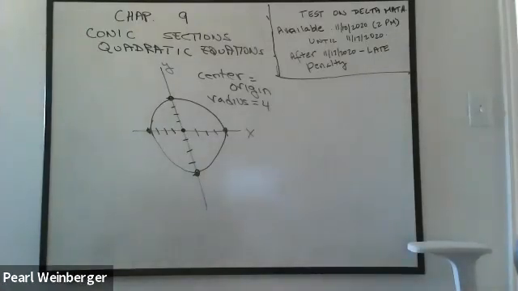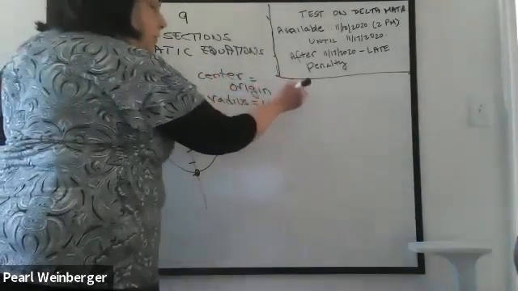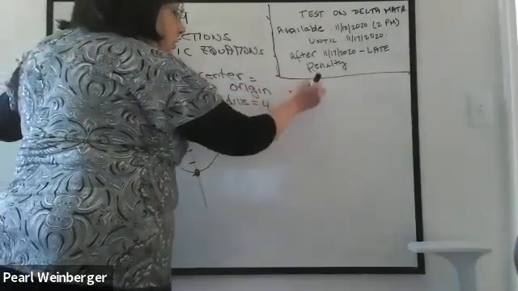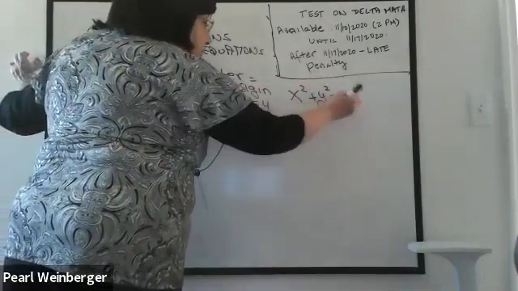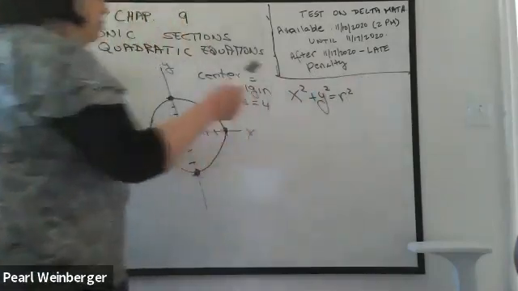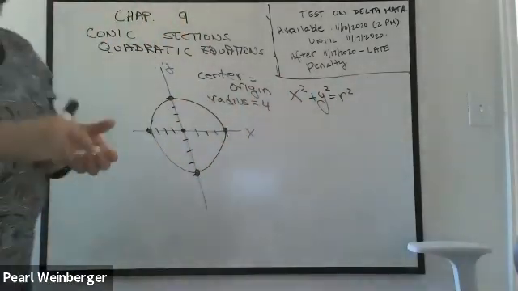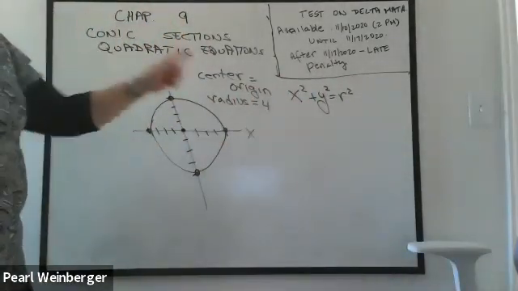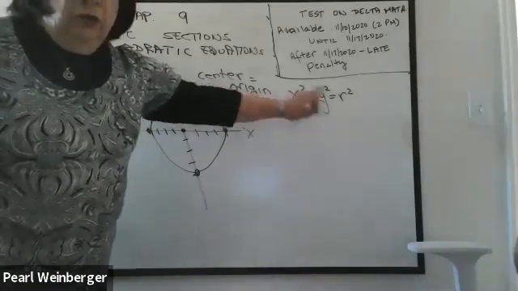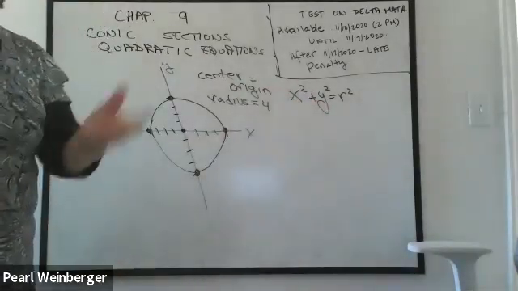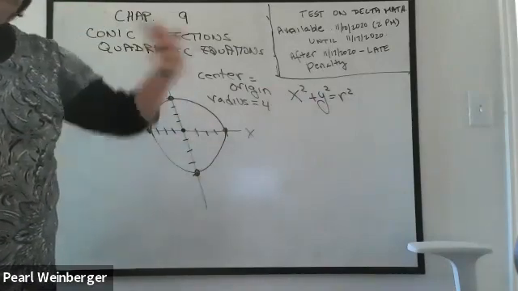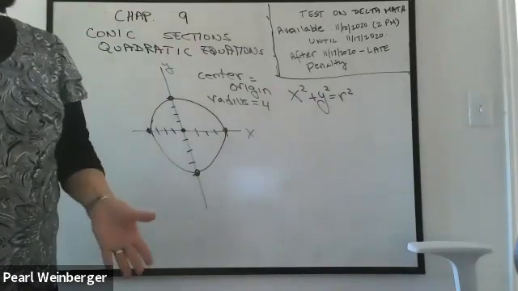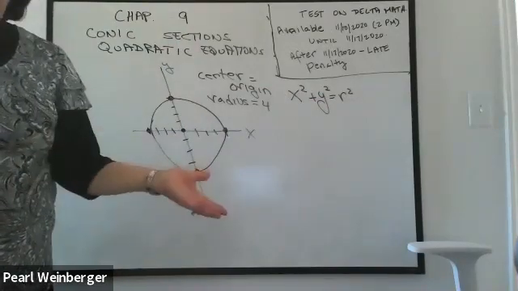If the center of the circle is at the origin, the equation of that circle is x squared plus y squared equals r squared. In other words, in the circle's equation, you're going to have both an x squared and a y squared in it. Remember, I told you it's going to be a quadratic equation. Sometimes in a quadratic equation, you'll have an x squared and not a y squared, or a y squared and not an x squared.